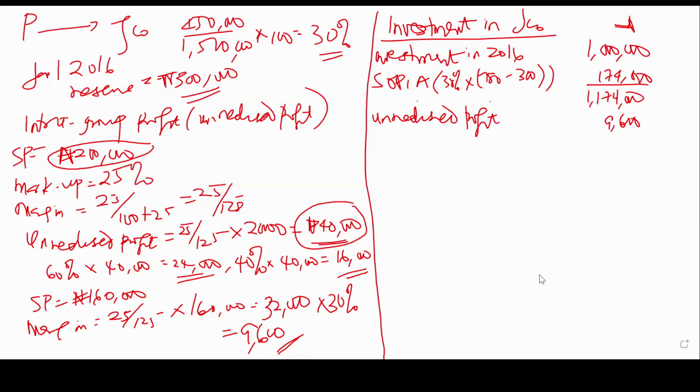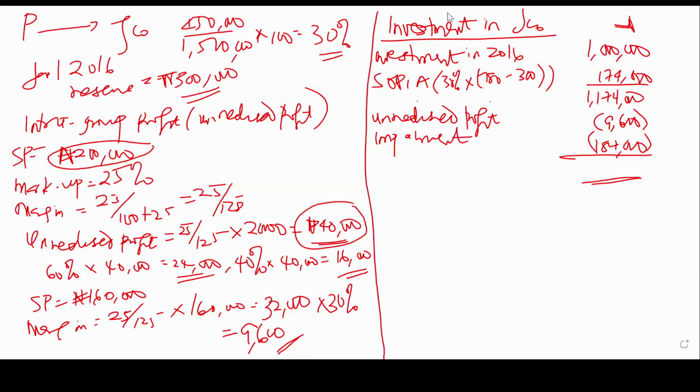All right. What else? We're told that there's going to be an impairment. If you look at the second to the last additional information, we mentioned impairment of 184,000 naira. All right. These are going to be deducted. What do we have there? 1,174,000 minus 9,600 minus 184,000.